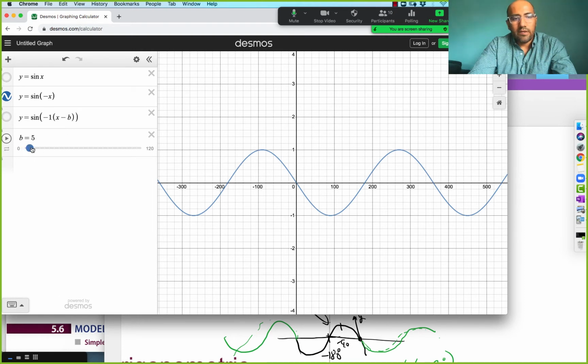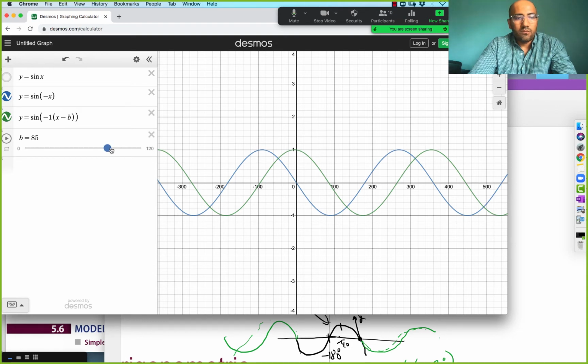Now we want to take this guy and scoot it to the right. Here it is if we scoot it by 10 degrees, 15 degrees, 20 degrees, 35, 40 degrees, 55 degrees. And eventually when we get to 90 degrees, this one now looks exactly like a cosine function, right?